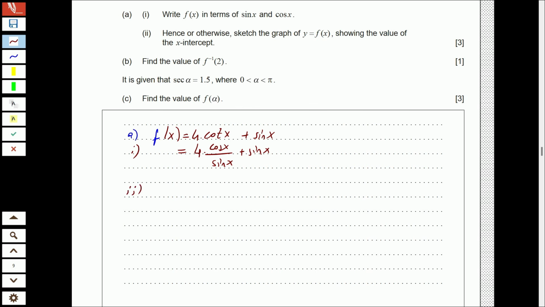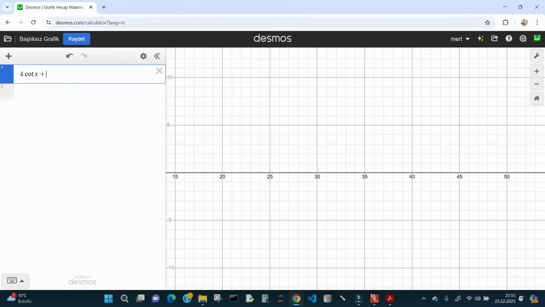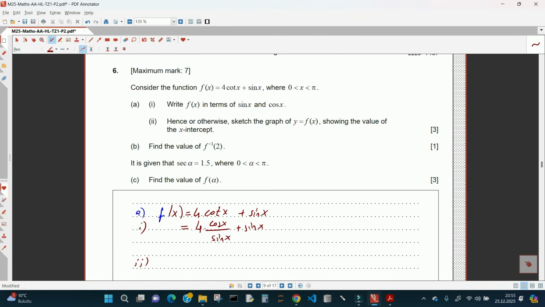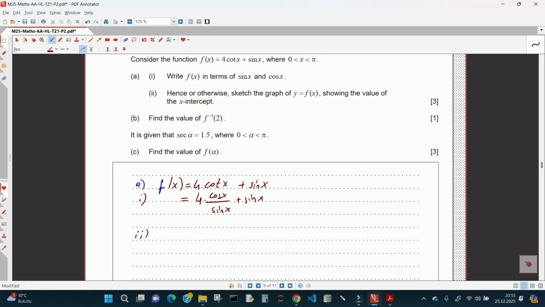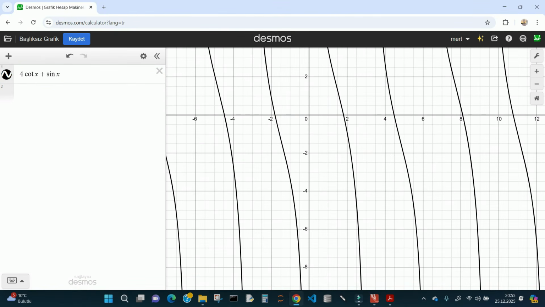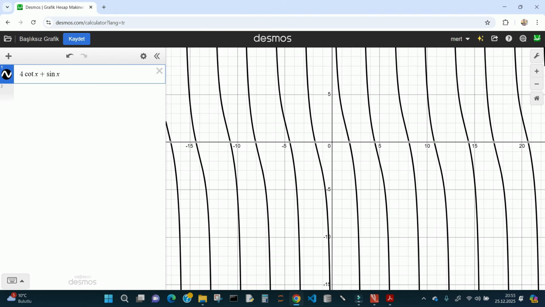And we're going to draw the graph of f of x. Let's draw that one, 4 cotangent x plus sine x, right? And make sure that x is between 0 and pi, approximately 3.1. So the x-intercept is going to be 1.81.